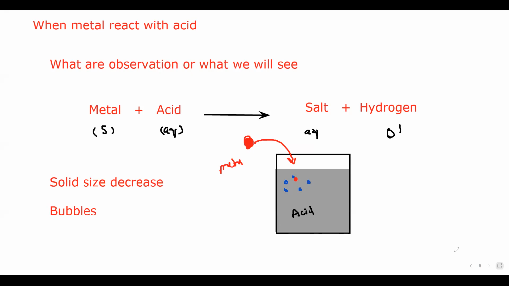Now more examples related to completing the equation. If I say I have potassium mixed with nitric acid, so potassium plus nitric acid, what will be the product? A metal is mixed with acid, so the product should be salt and hydrogen.